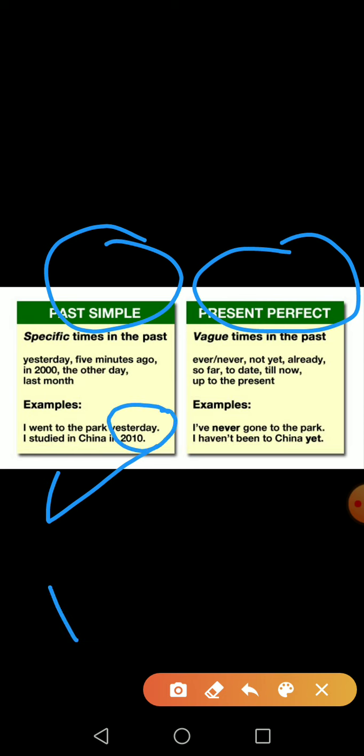We ask, when did you go to the park? Yesterday. So we use the past simple. I studied in China in 2010. When did you study in China? 2010. So that means if I say the time, we have to use the past simple.